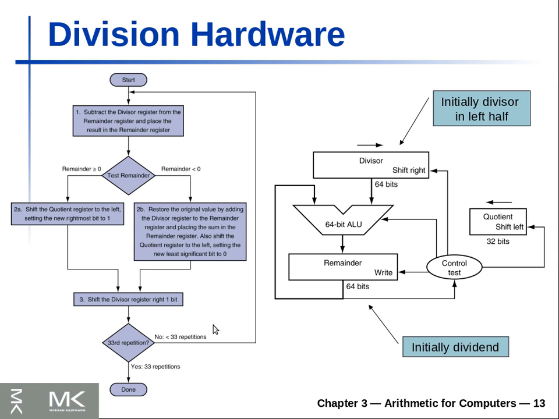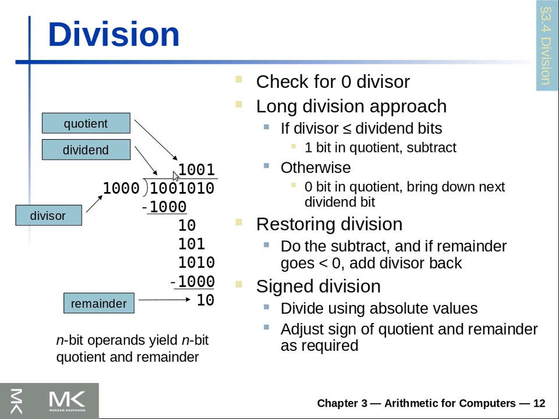The divisor, again, is a little complicated as well. But look, there's a 64-bit ALU, so you know what question I'm going to ask in a moment. But here we go, the divisor. Notice the divisor is in the upper half, and the remainder is initially the dividend. Remember, the divisor, because we get their names wrong, is this number over here.